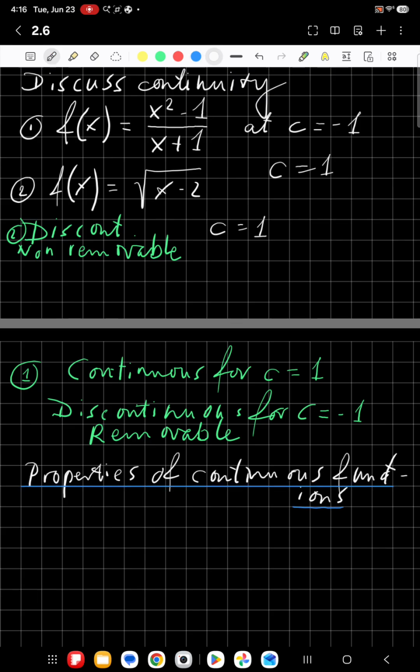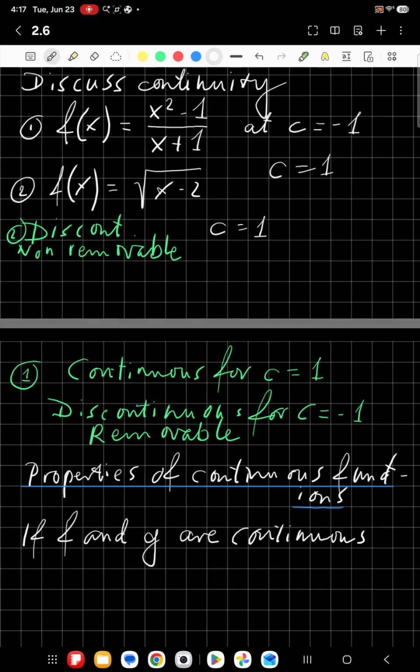Functions. And we'll look at two different functions. If f and g are continuous, then we can do operations on them, and the sum, difference, etc., will be continuous.